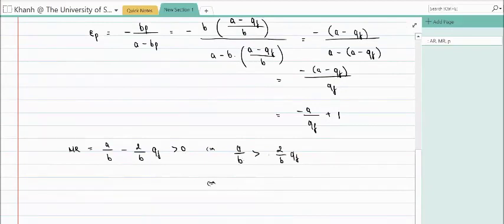Now I can cancel B on both sides of this inequality without changing the inequality sign, because B is just a positive constant. Therefore A is bigger than 2QF, and so QF is going to be smaller than A on 2.